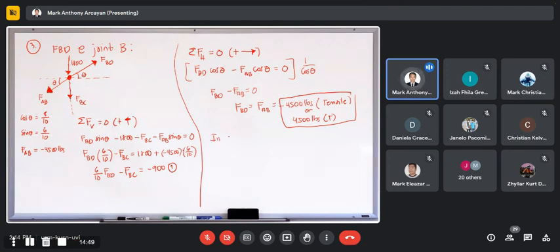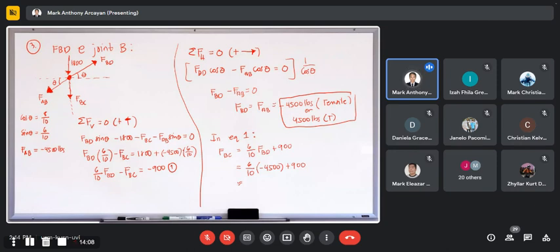So in equation 1, we have FBC is equal to, transposing, 6 over 10 FBD plus 900. So what we do is substitute the value. This is 6 over 10 multiplied by FBD. FBD is negative, so the value we use is negative 4,500. Then plus 900.